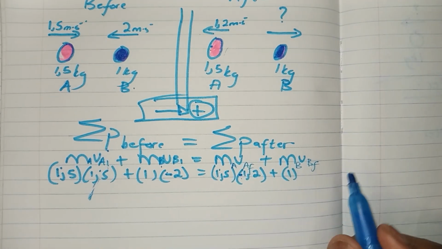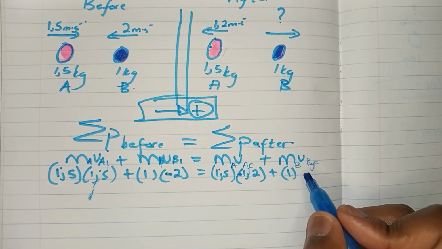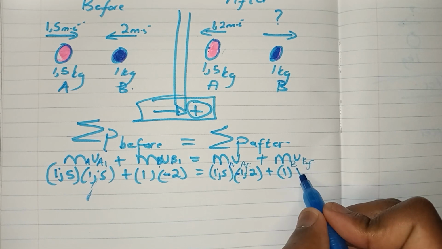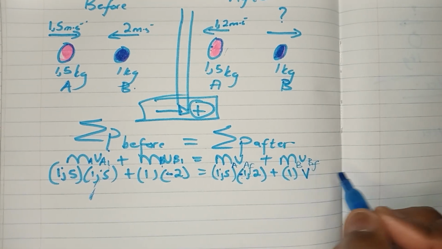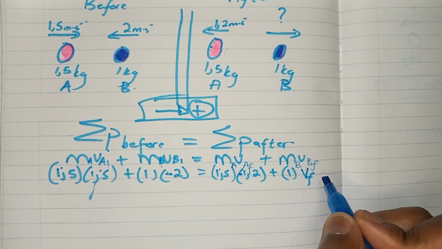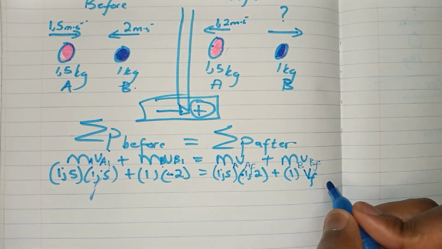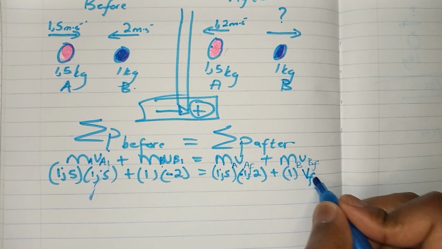Then we add the ball with a mass of 1 kg. We call its velocity v because we don't know it: v final for the B ball, vB final.